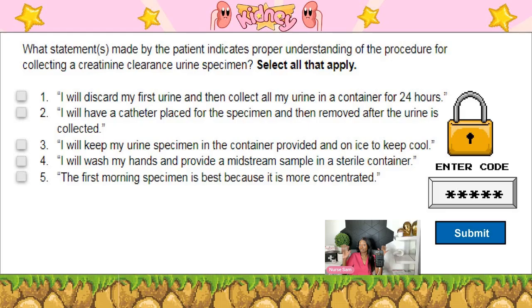True or false? 2, I will have a catheter placed with a specimen and then removed after the urine is collected? True or false? 3, I will keep my urine specimen in the container provided and on ice to keep cool. 4, I will wash my hands and provide a midstream sample in a sterile container. Or 5, the first morning specimen is best because it is more concentrated.